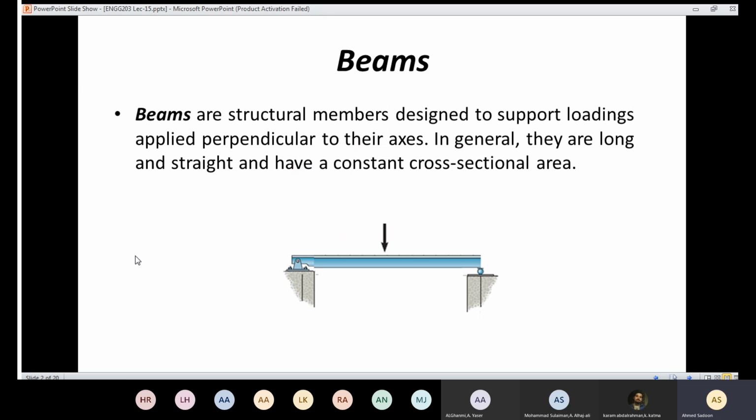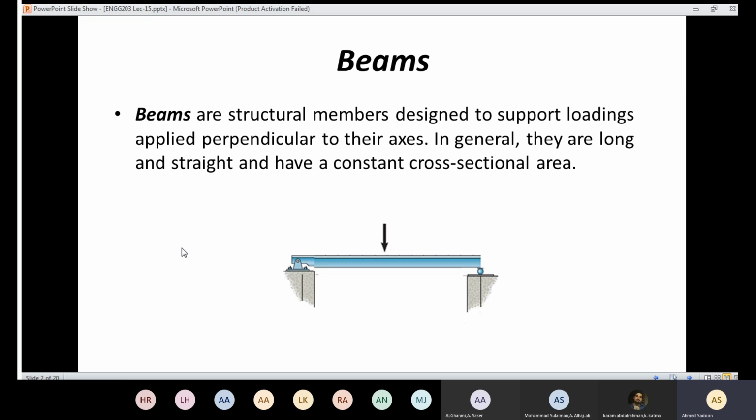But before that, it's very important to know what we mean by beam. When we say that this rigid body is a beam, it means that the rigid body is going to support the load applied perpendicular to its axis.